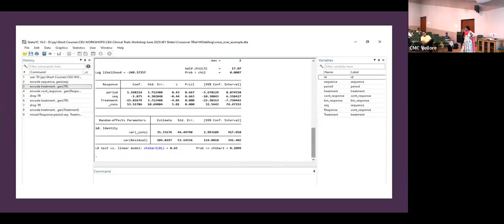The change from 160 to 130 is not the same as the change from 130 to 130. So those baselines become important. It reflects the individual.